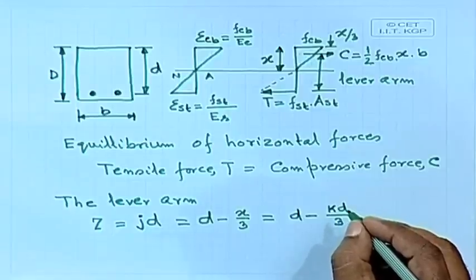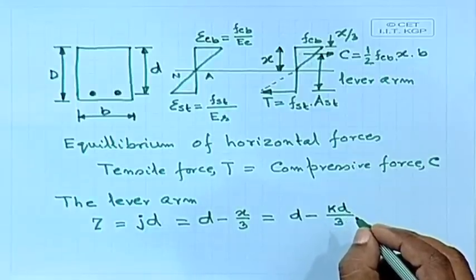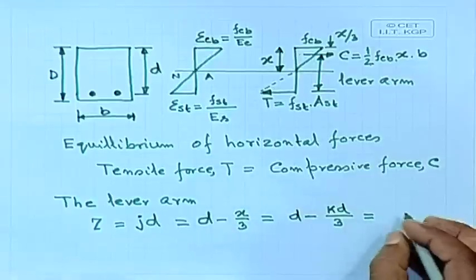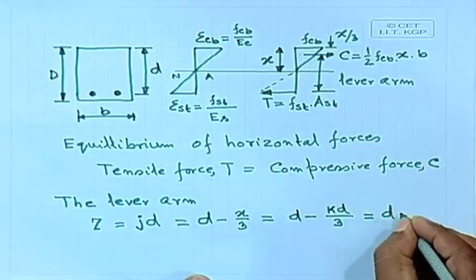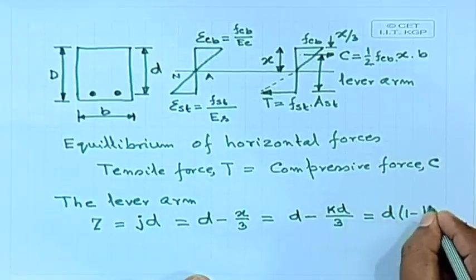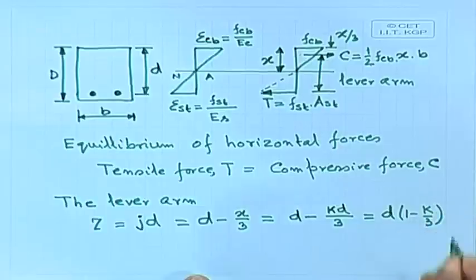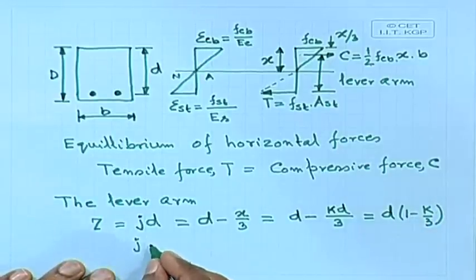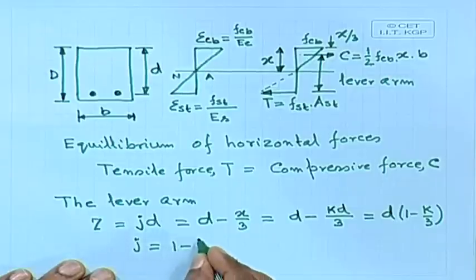We know neither K nor J, but we can write it as D times 1 minus K by 3. So, JD means J equal to 1 minus K by 3.